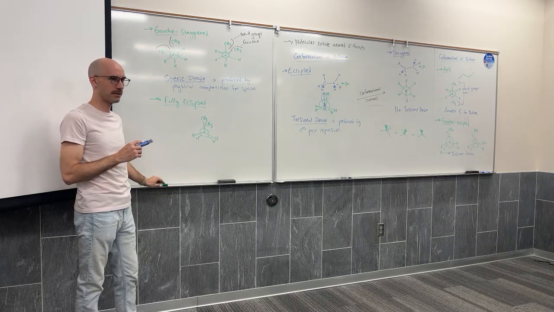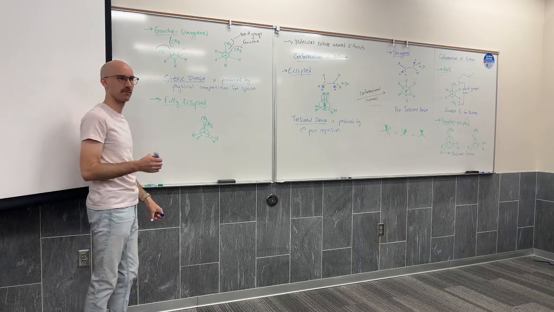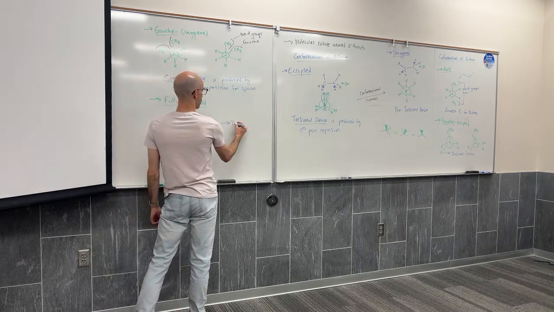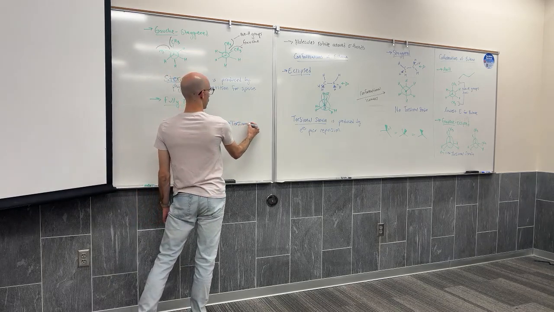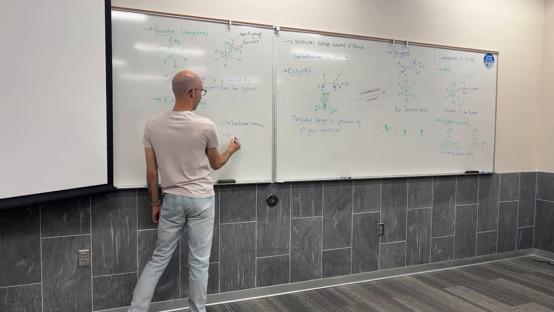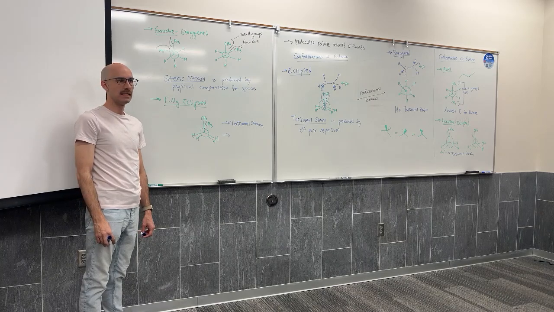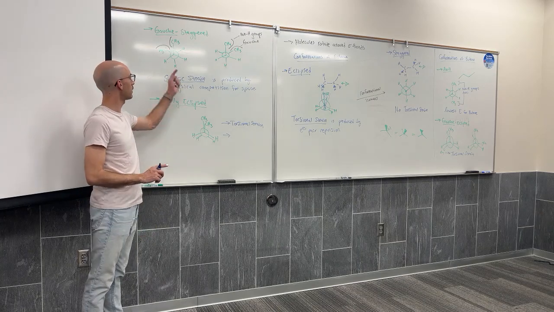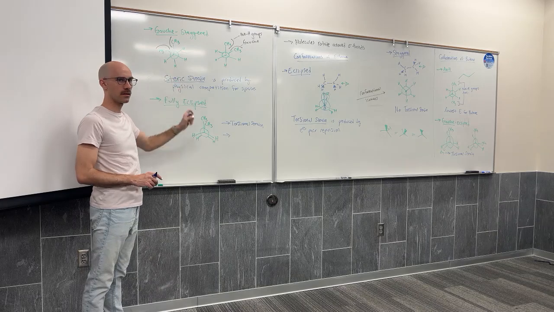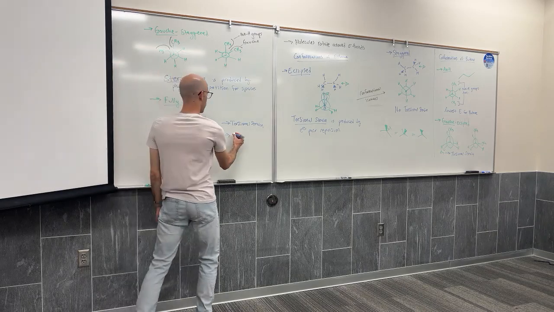Does this compound in this conformation have torsional strain? It does. It has eclipsed electron pairs. What else does it have? Does it have more steric strain than the gauche staggered? Yeah, they're closer to each other, they're fighting more.